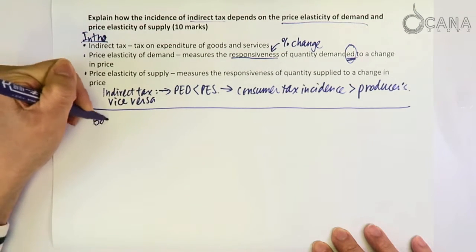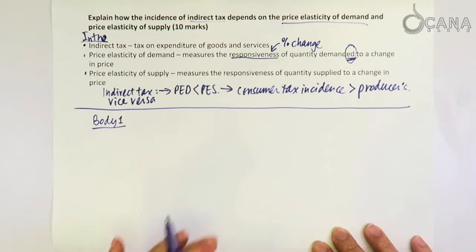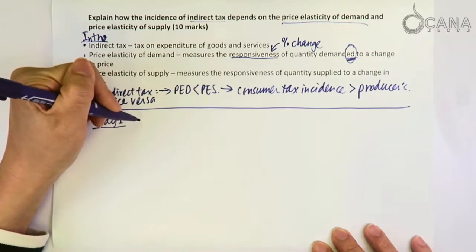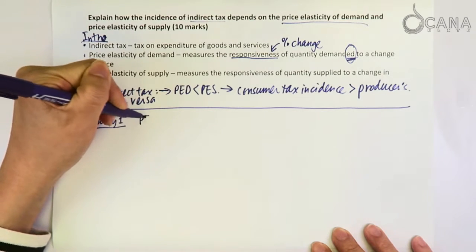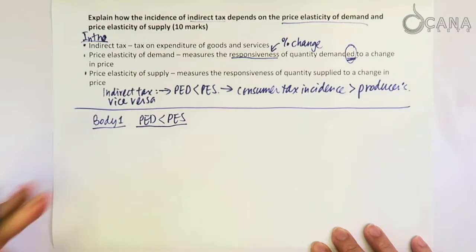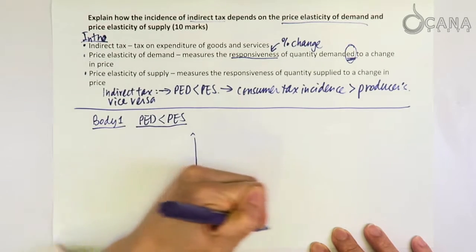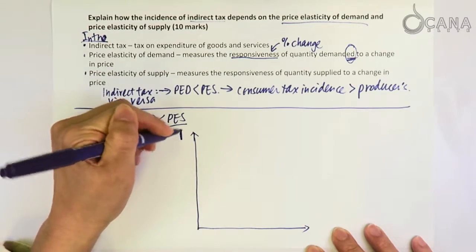Now, in main body 1, we need to go on to explain why it is the case that consumer incidence is greater than producer incidence when PED is smaller than PES. So in body 1, we would go about saying the scenario when PED is smaller than PES. Now, let's draw the diagram.